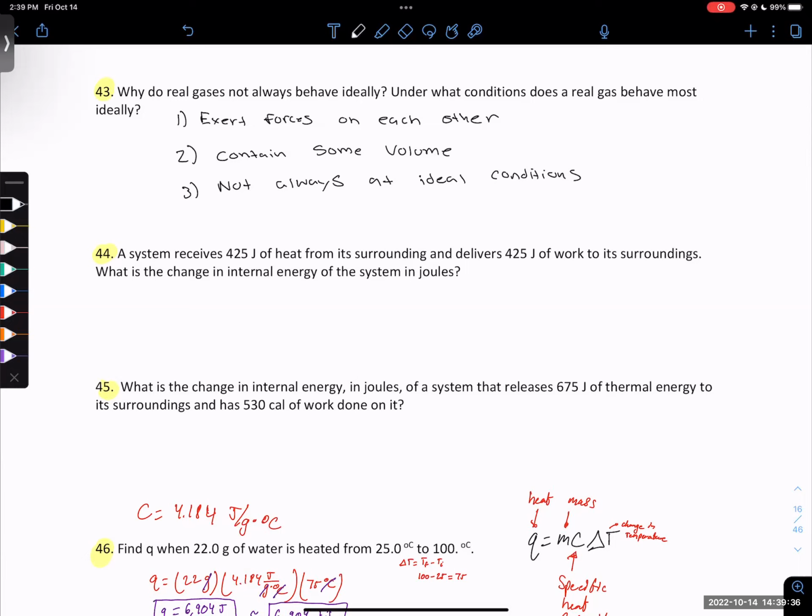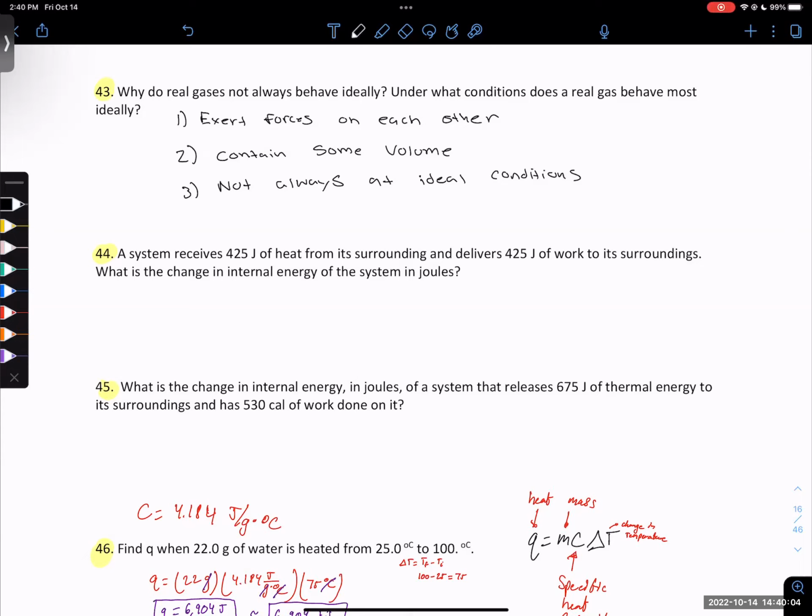What is another one that's being violated here? So they exert forces on each other, they contain some volume, not always at ideal conditions. Well, there could be some elastic or some inelastic collisions between two gas particles, where both particles stick together. But in ideal gases, we assume that they're elastic, so one particle will bounce off another particle.